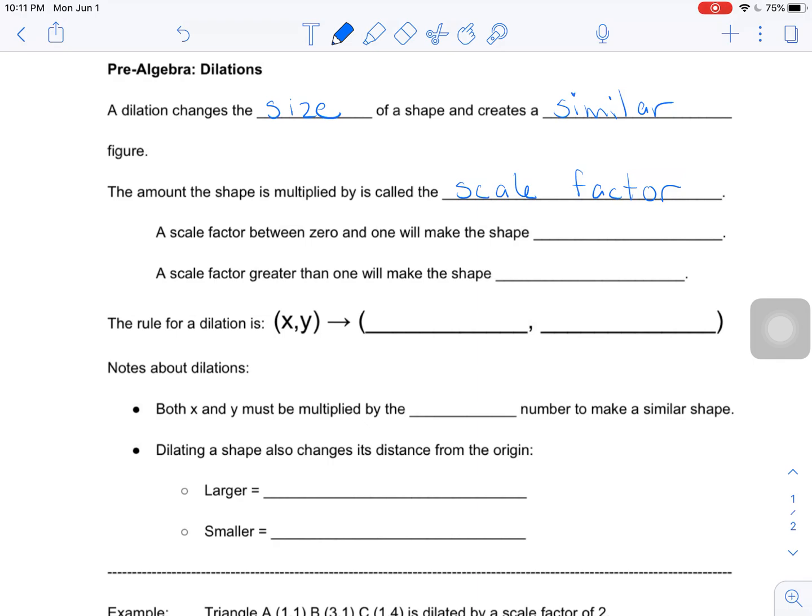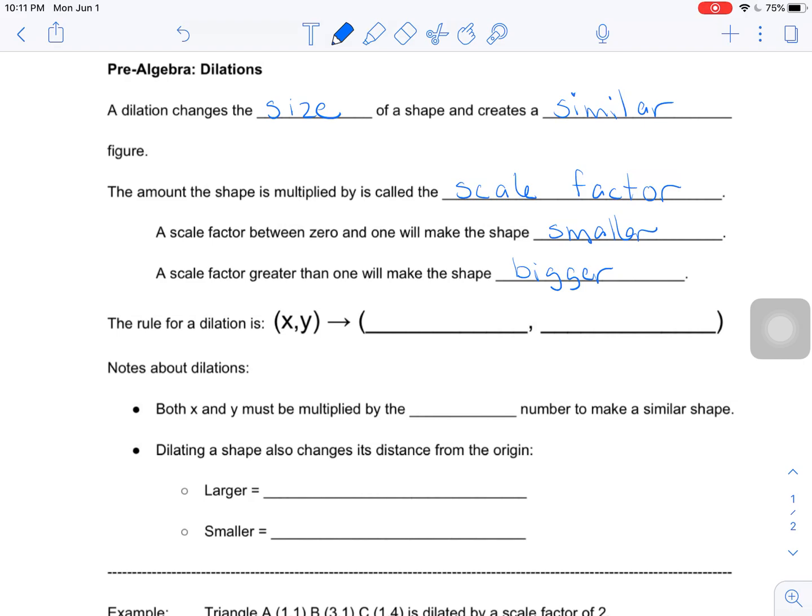So if we have a positive scale factor less than 1, most of you figured out by observation that it's going to make your shape smaller. And if you multiply by something bigger than 1, that will make the shape bigger. So you can control whether the shape gets bigger or smaller based off of the scale factor, or the number that you multiply by.